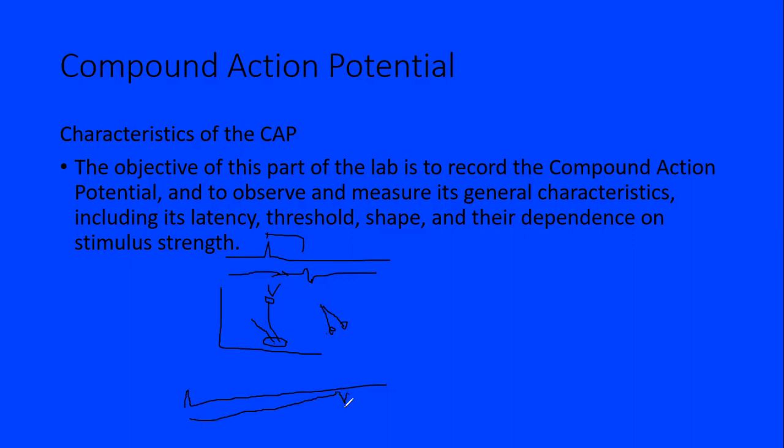So you find that this will be the latency period if you place the electrodes far. That is, the stimulating electrodes are far from the reading electrodes. If you place them close together, it means that the latency period will be shorter.